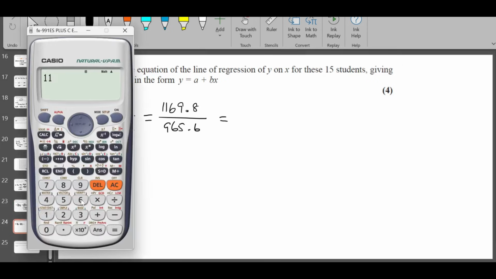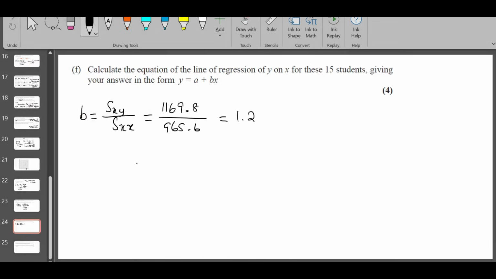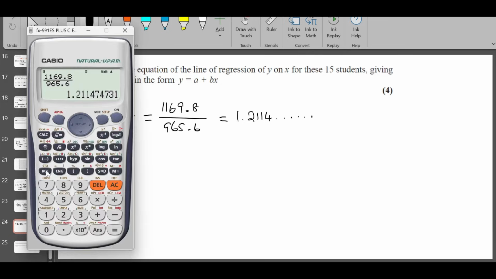So 1169.8 over 965.6. 1.2114 dot dot dot. I'm going to store this value as B.